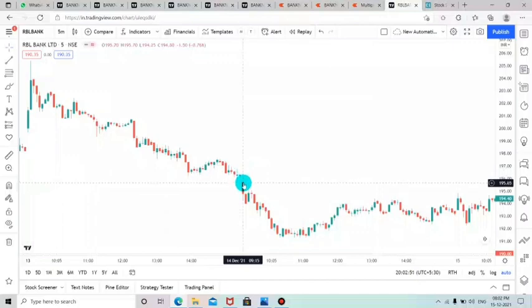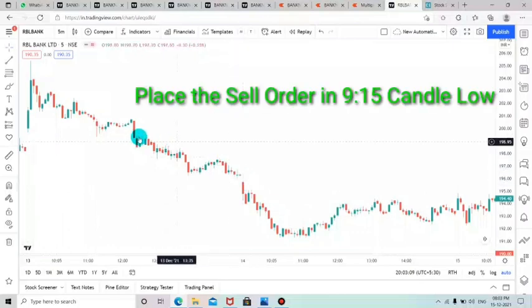You just see here, this strategy will check the previous day's low, whether the candle has gapped down. This is the only condition we are going to keep here. The open of the 9:15 candle should be below the previous day's low. That means this is a full gap down.